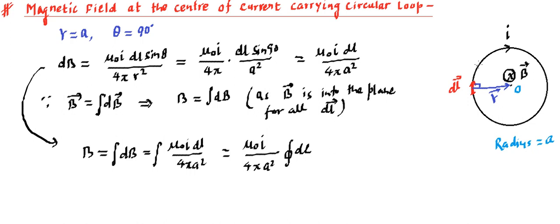And if we add all these dl's together, that will become the perimeter or circumference of this circular coil. So it becomes mu naught I divided by 4 pi a square into 2 pi a. And that will give you a final result, which is mu naught I, and 2 pi cancels out, a cancels out, so it becomes twice a.